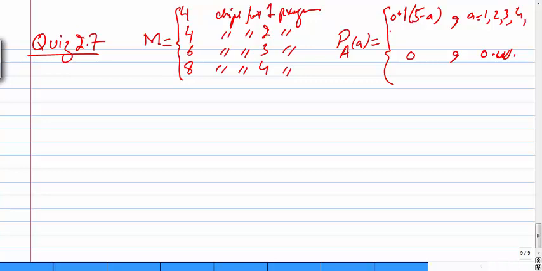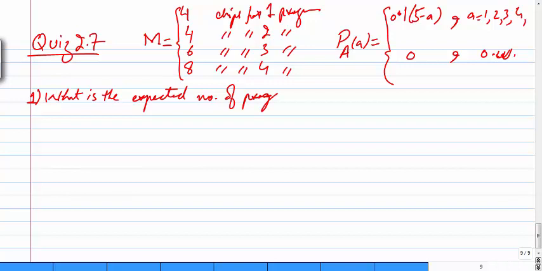Now the first question: what is the expected number of programs, that is mu of A, the expected value of A?